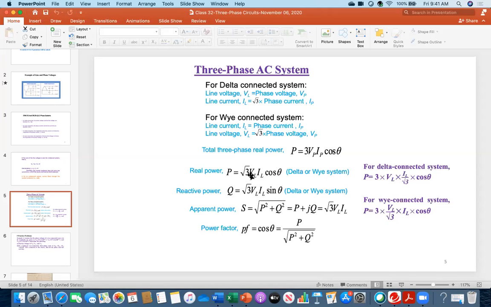So ultimately you will get root 3 VL IL. So everybody remember, apparent power for a three-phase system is root 3 VL IL. But in case of single phase, it was just VI, and the unit was volt ampere. And then this is the power factor, cosine theta, which is P over S.